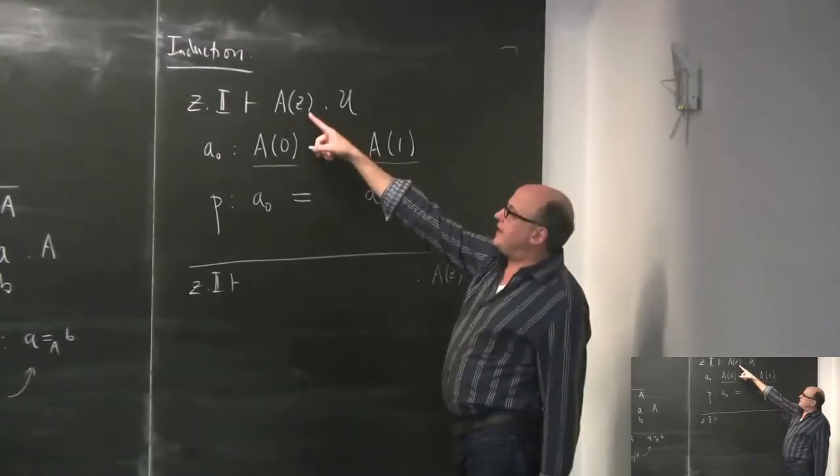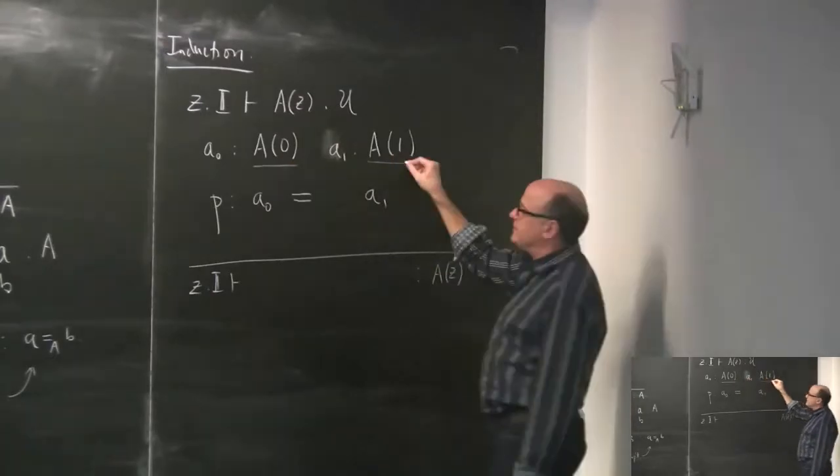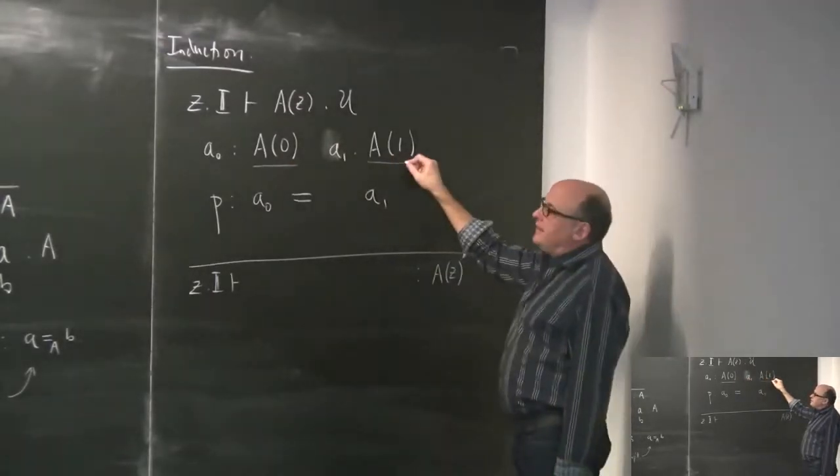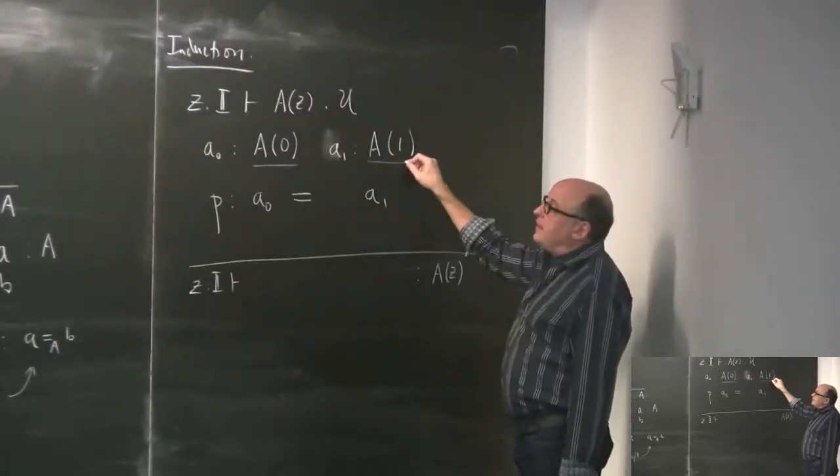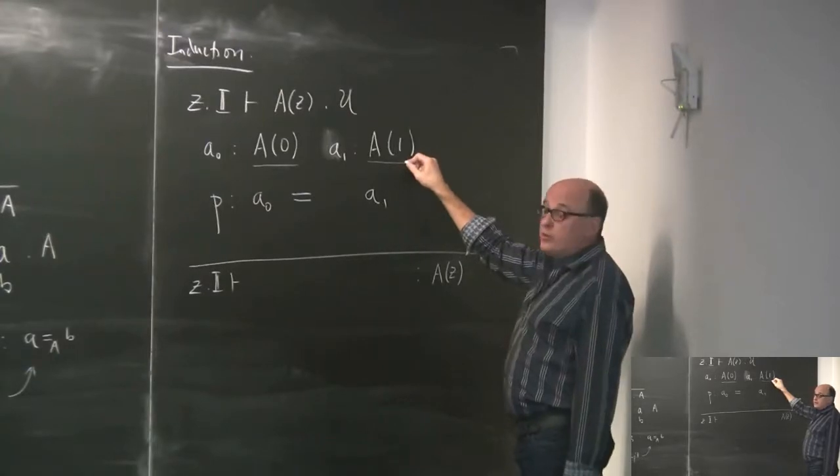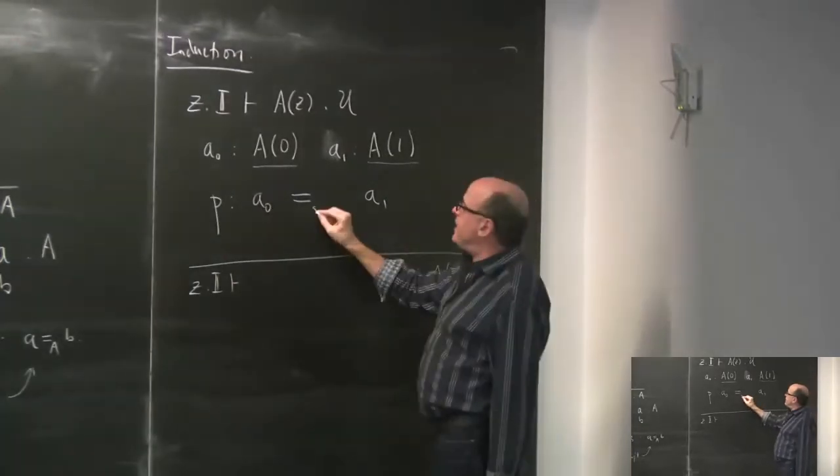But this is a family of types, which means that this type is related to this type by a path, namely the transport function associated with the segment. So we can write this as a path over equality.